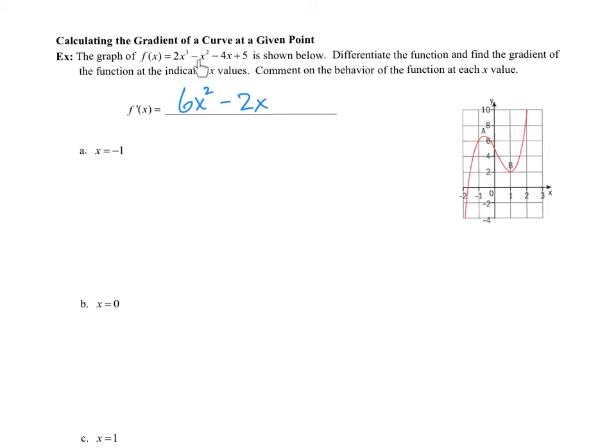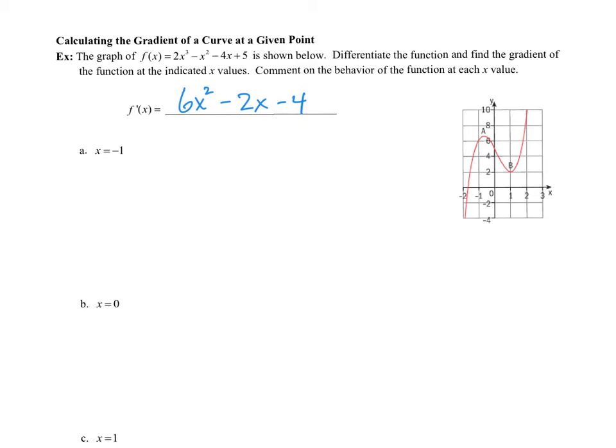So that would be negative 2x, and then 2 minus 1 is 1. Minus, remember, the derivative of a degree 1 term is just its coefficient. So that would be minus 4. And then the derivative of any constant term is always 0, so we're done. So this is our derivative function: f prime of x equals 6x squared minus 2x minus 4.